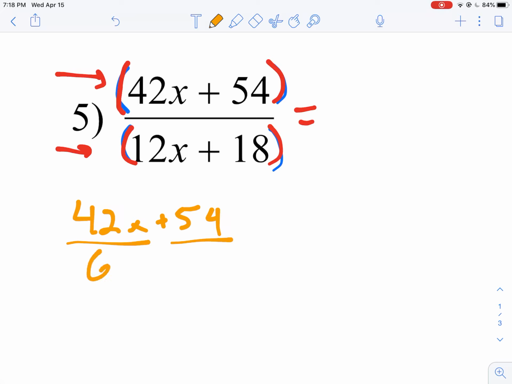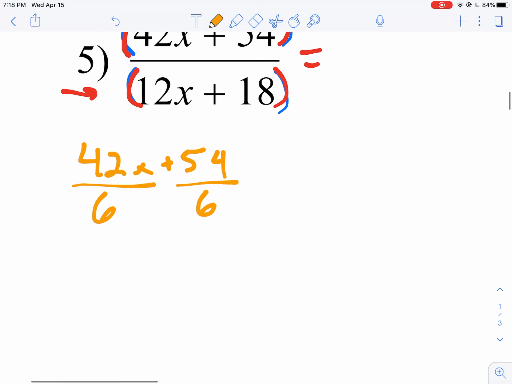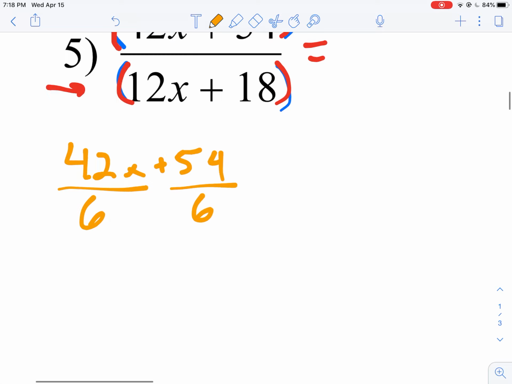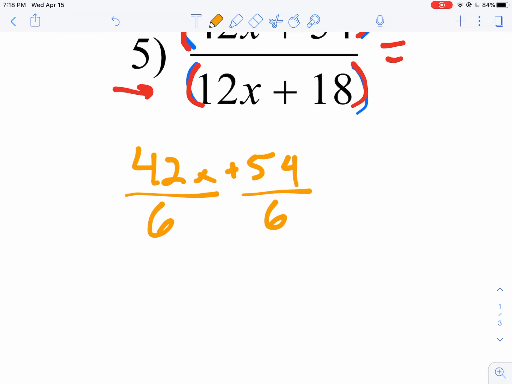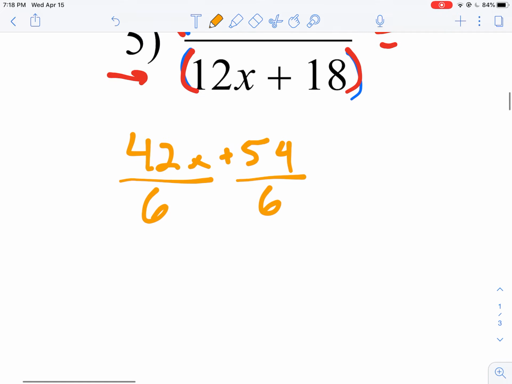So I could divide a 6 out of both of these. When I divide 6, and only one of them has an x, this one is 42x, but since there's no x over here, I can't divide any variable out. They both have to have a variable. It's a greatest common factor. They don't have a variable in common.